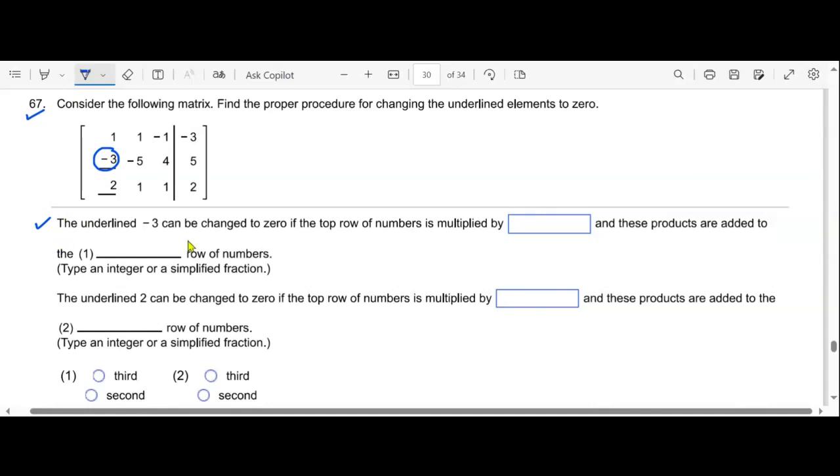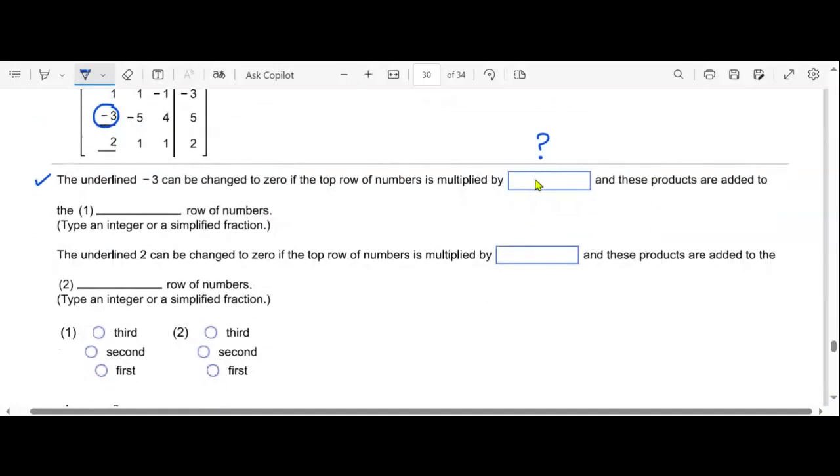Then the minus 3 can be changed to 0 if the top row of numbers is multiplied by what? We're going to multiply times what?